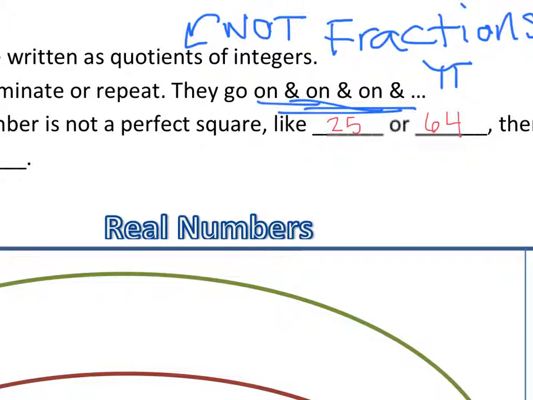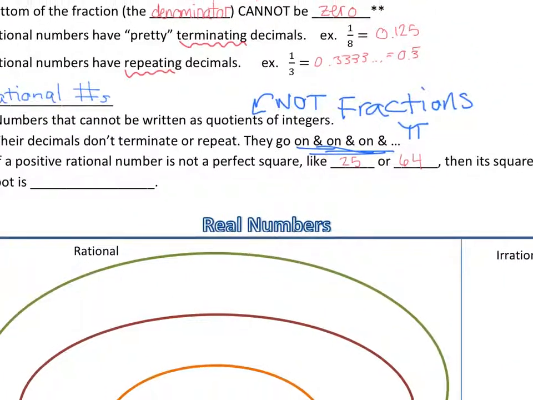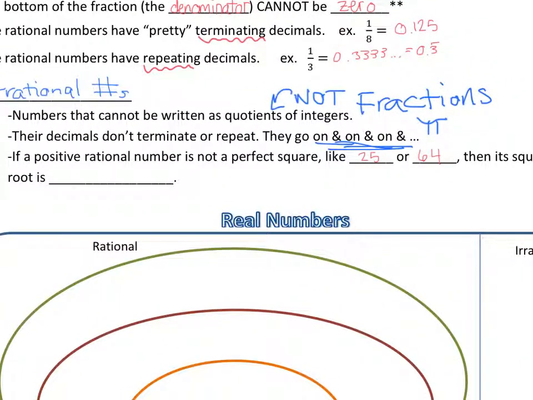So things not like that, then its square root is irrational. Alright, so like, what can we not take the square root of? 2, or 5, or negative square root of 61. Okay, all those things are irrational numbers.